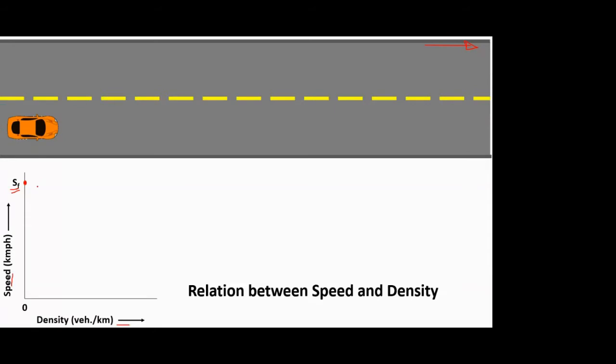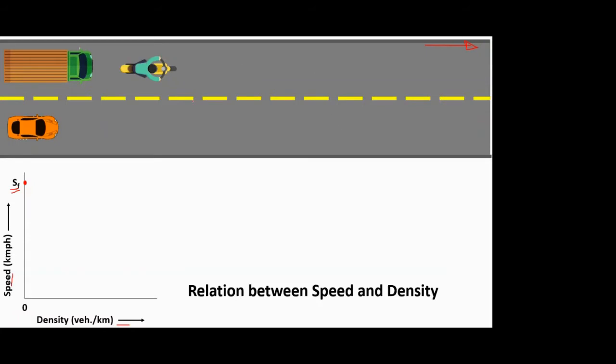Now once vehicles start coming on this road, suppose 2 more vehicles have been added. Slowly the traffic stream is building up. Here you have 3 vehicles. The speed of the stream collectively will reduce a bit.